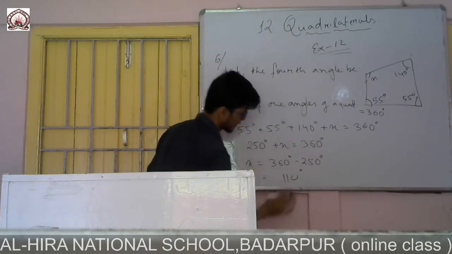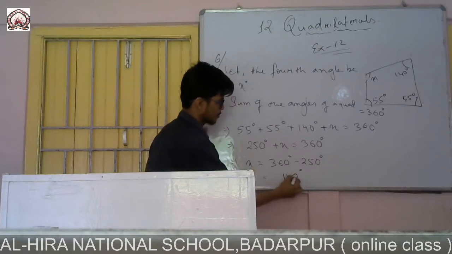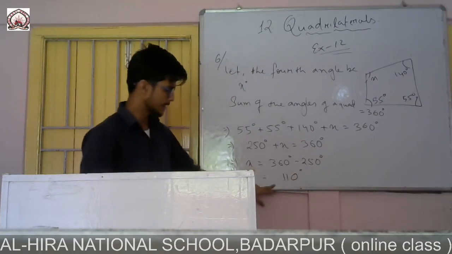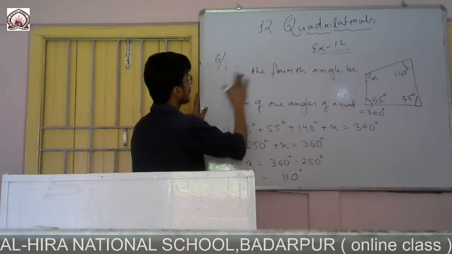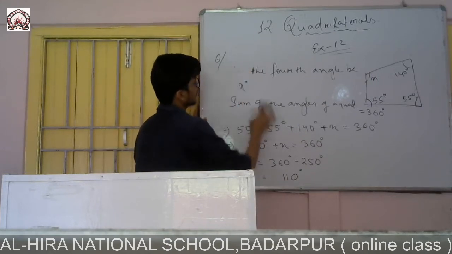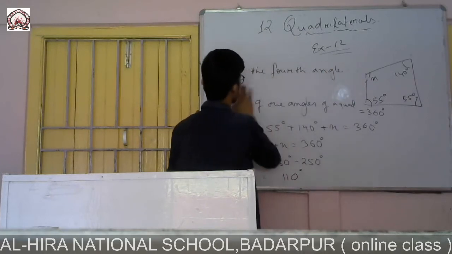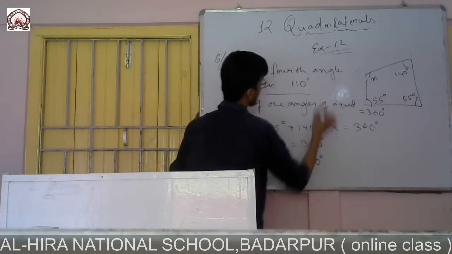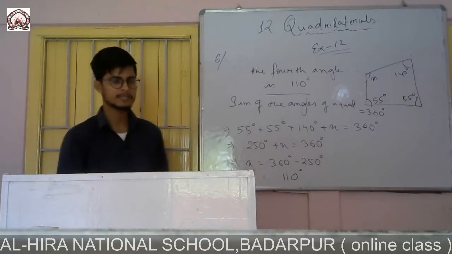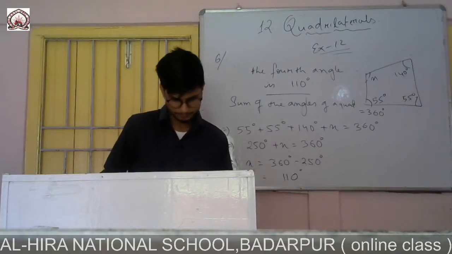Question 5 I did earlier. So the value of x is 110 degrees. So you write: therefore the fourth angle is 110 degrees.